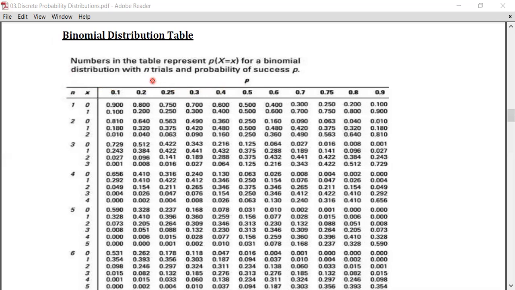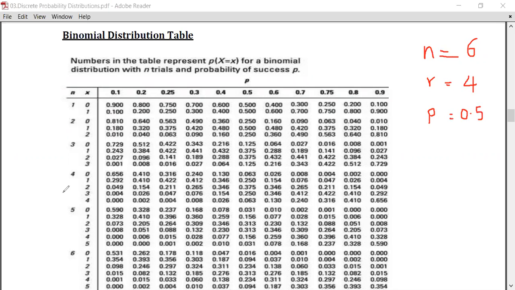If you go through the same example, what we had was n equals 6, r equals 4, or according to this table x equals 4, and the success probability was p equals 0.5.